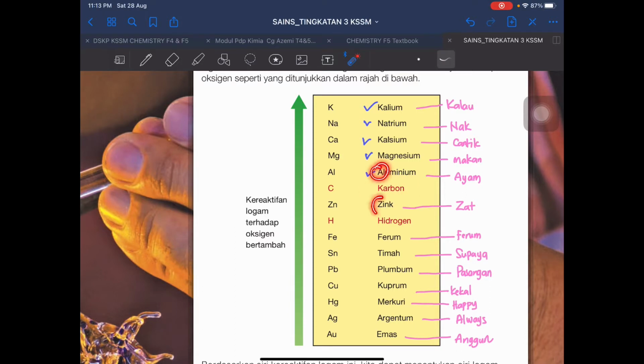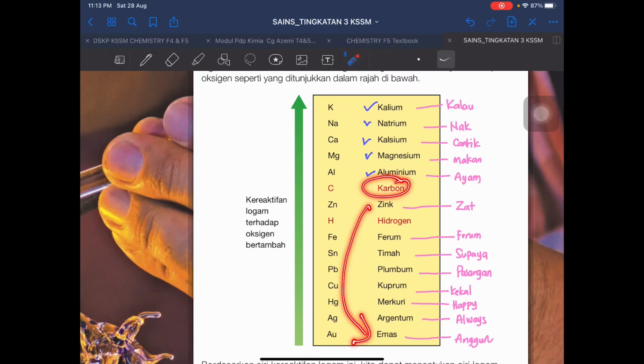Antara A dengan Z. Kalau saya lah, if I want to remember, I remember it this way: A, B, C, D, F, Z. A with Z. A the first alphabet, Z the last alphabet kan. So di tengah-tengah diorang ada carbon. Because carbon ba kita punya cerita watak utama sekarang ni. Because of carbon, di atas ni guna electrolysis. Because of carbon, di bawah ni semua guna reduction.